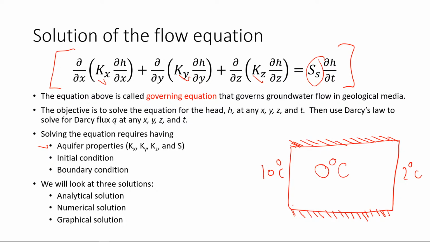It will start to be heated here, so the temperature will rise gradually until it reaches a steady state. Heat will flow in this direction until you build up the gradient, and then you reach a steady state.